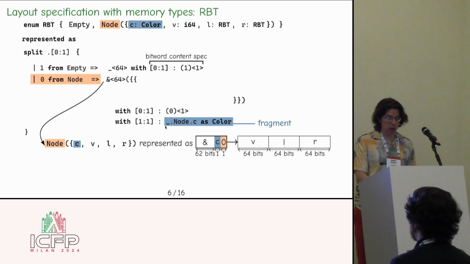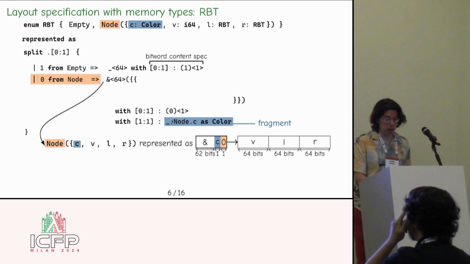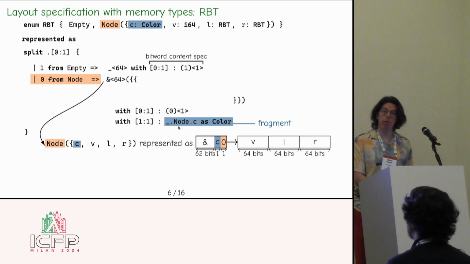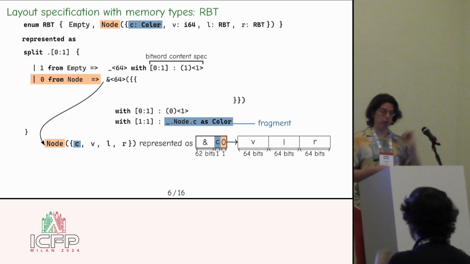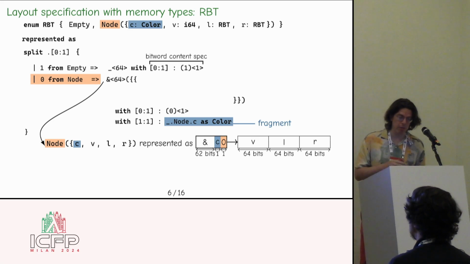And the 1 here is going to be the color. So here we have to point out that the color, which is at this point in the original value, is going to be placed here. We call that a fragment. It's a fragment of the bigger type. And we are going to verify that this color is on 1 bit. It does fit inside this place, and it will work.